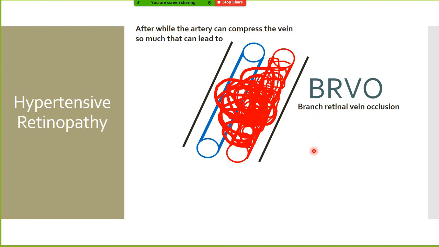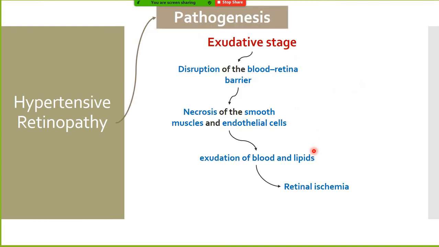Okay, so coming to the pathology again, there is a disruption, and once there are these kinds of changes, there will be exudative changes. Exudative is whenever there is an accumulation of fluid or some contents.